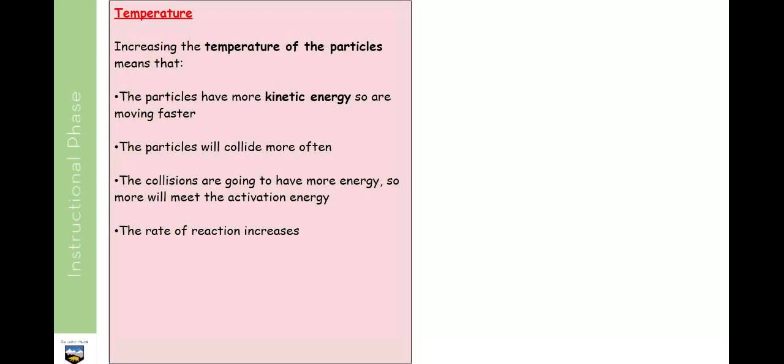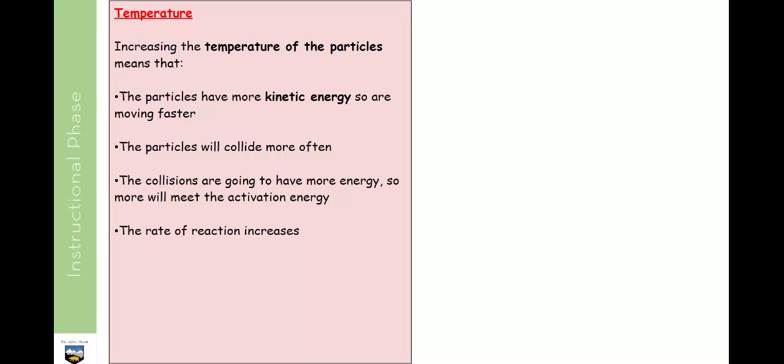So just to look at these in more detail, because you are going to be doing your deliberate practice task on this. Temperature. You need to be able to explain why changing these factors change the rate of reaction. So if we increase the temperature of the particles, it means that the particles move faster because they gain more kinetic energy.